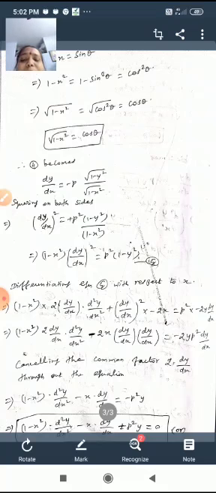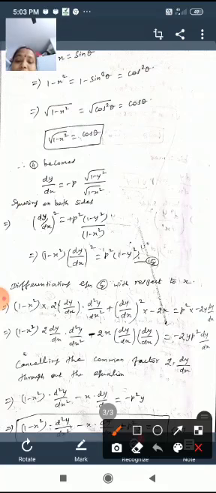Then differentiating both sides of equation 5 with respect to x, we get 1 minus x squared into 2 into dy by dx into d squared y by dx squared, plus, first we take 1 minus x squared as a constant.